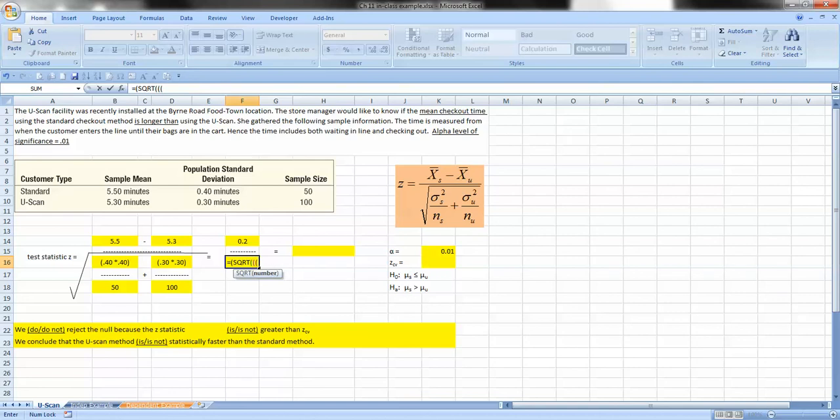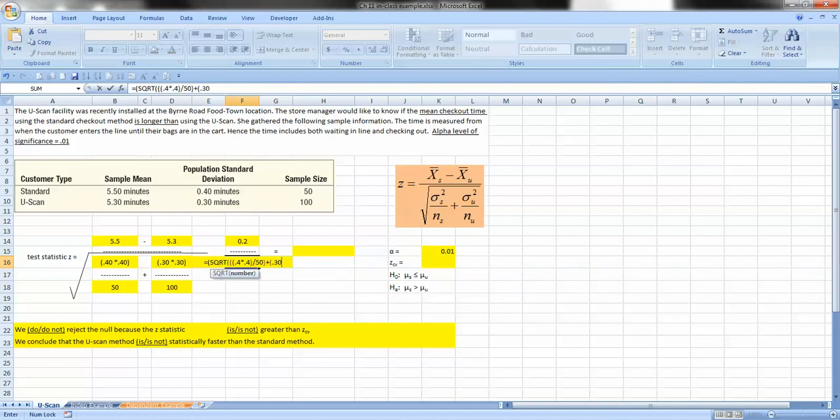But just to show our work, we're going to do our 0.4 times 0.4 to show our squaring, and then we're going to divide that by 50, our sample size for the standard method. Close out the parentheses. Then we're going to add that to our calculation for the UScan method.